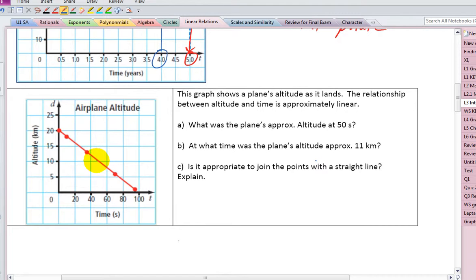So the big thing is you got to recognize we're starting at 20 kilometers in the air at time 0. And the plane is going down in altitude. And right here, what's happening? It's landing. Okay. So you have to be careful on how we graph things. Good. Okay, so answer those questions, please, A, B, and C. Go.